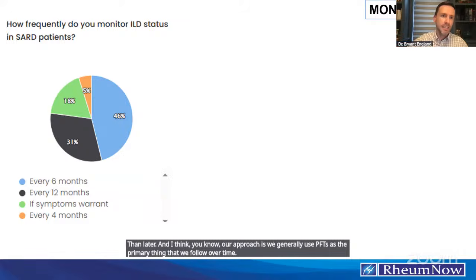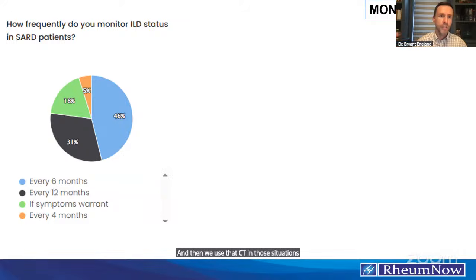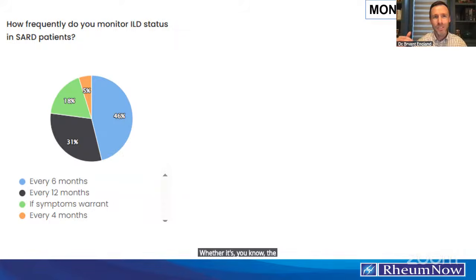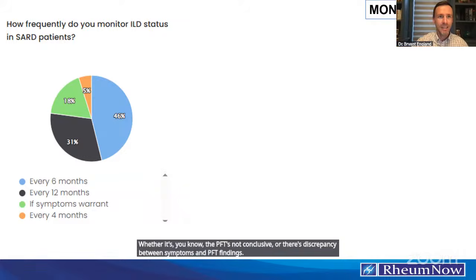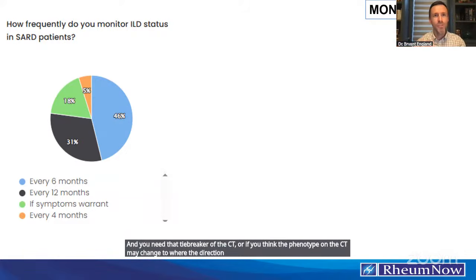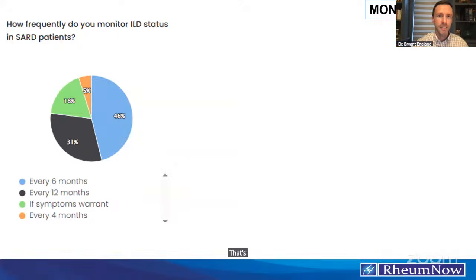And then we use the CT in those situations where we really need additional information. Whether the PFT is not conclusive or there's discrepancy between symptoms and PFT findings, and you need that tiebreaker of the CT, or if you think the phenotype on the CT may change the direction that you're pushing immunosuppression or antifibrotic, that's triggering us to get the CT.